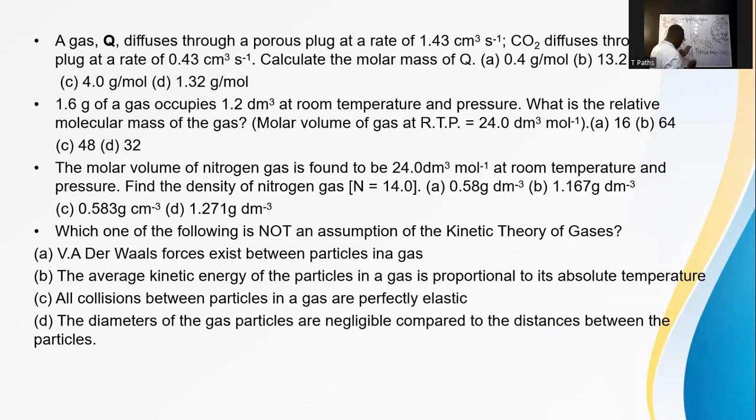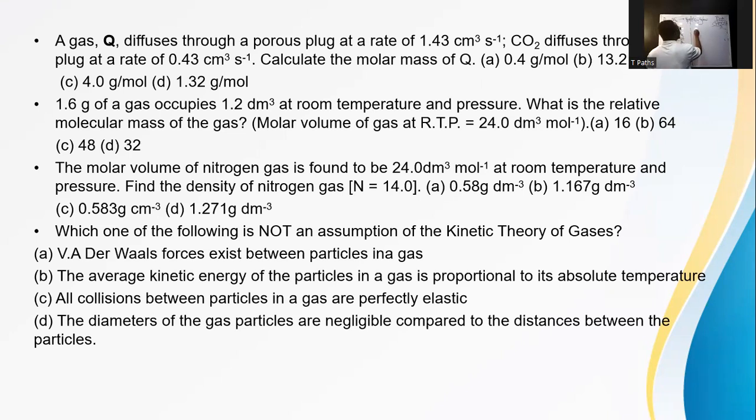Next question: 1.6 grams of the gas. Please write your data. Don't joke with this. You see how I'm solving questions over and over again. 1.6 grams of the gas occupies 1.2 dm³.